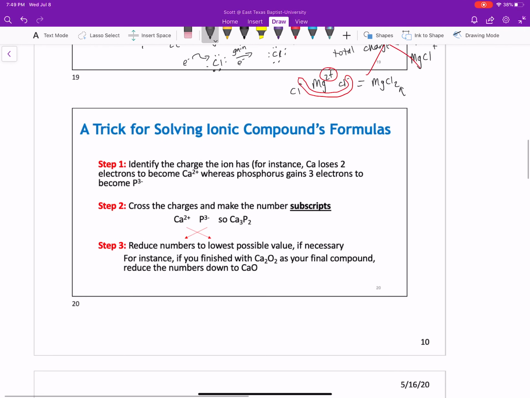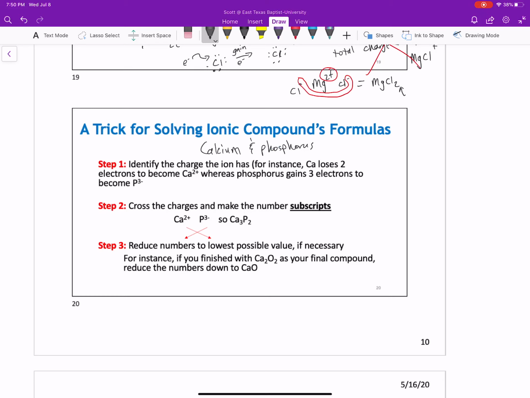Here's a cool trick that I've discovered in solving a compound's formula. And so if you don't want to have to sit there and figure out how many chlorines, which are negative charge, goes with the magnesium or so on and so forth, here's a cool trick that helps you get through this. So first you need to identify the charge the ion would have. And so let's act like you're trying to mix calcium and phosphorus.